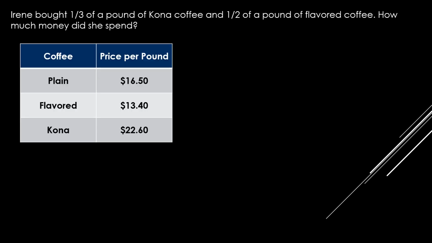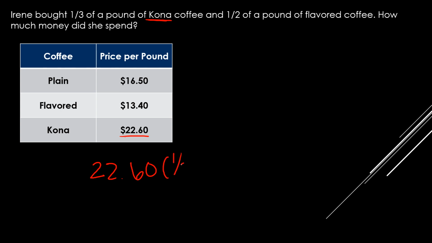Alright, Irene bought 1/3 of a pound of Kona coffee and 1/2 of a pound of flavored coffee. How much money did she spend? So here we have all of the price per pounds, and we know how many pounds of each one that Irene bought. So for the first one, for Kona coffee is $22.60.